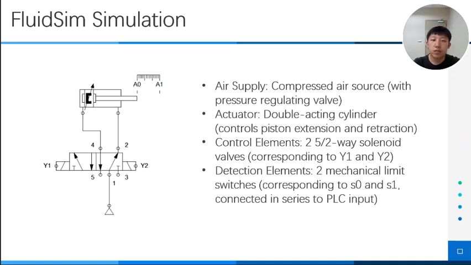They check the piston position and send signals to the PLC. This circuit is the base for linking with the PLC. Hardware and software signals work together to control the piston automatically.